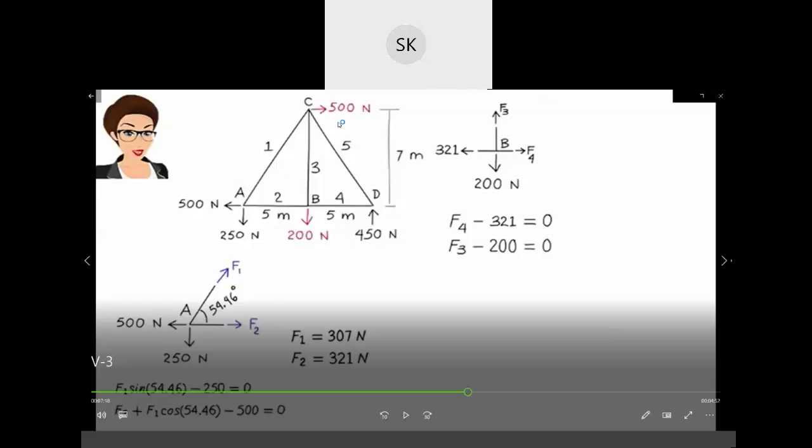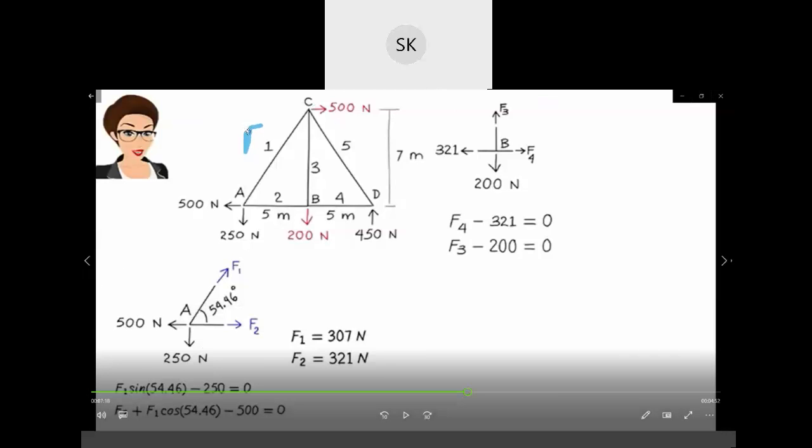If I give numbering like this: F1, F2, F3, F4, and F5. By using the method of joints, considering all the joints A, B, D, C, they have found the values of F1, F2, F3, F4, F5. So the first step will be to find the member forces in the truss.